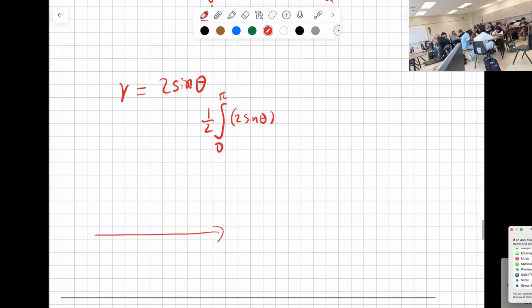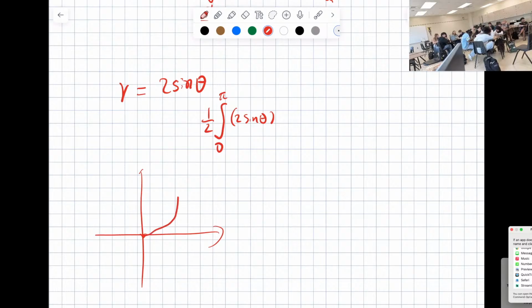Do you know how they draw the circle? It's going from this point, and then draw like this, right? What is this point? R is equal to 0, right? So you can set 2 sine theta equal to 0. Sine theta is equal to 0. Now theta is equal to 0 at where? 0 and pi.